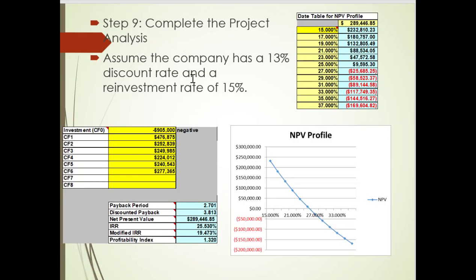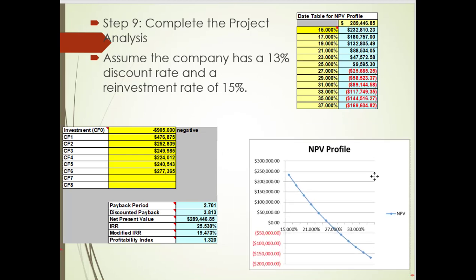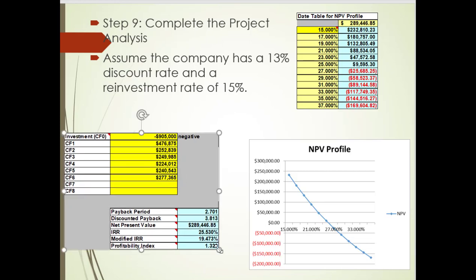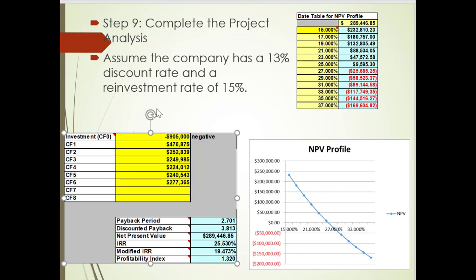So step 9 is just to complete the analysis. So in step 9, let me make a little bit more space here. Step 9, we can plug our numbers into our capital budgeting technique worksheet. Here are our cash flows. Down below here are all of our capital budgeting techniques.